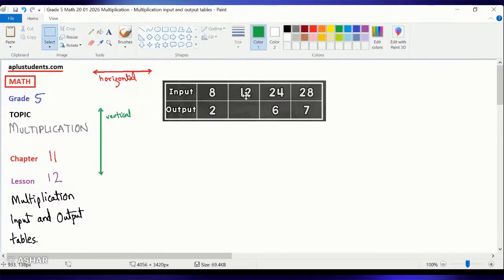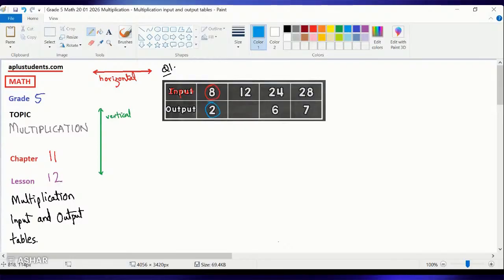If this table is given to us, this is a horizontal table. So question number 1, we need to complete the input-output horizontal table. Input means the value that we are putting in. The input is 8 and the output we had was 2.